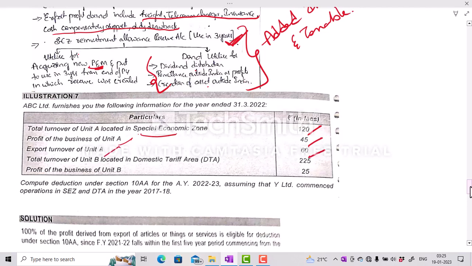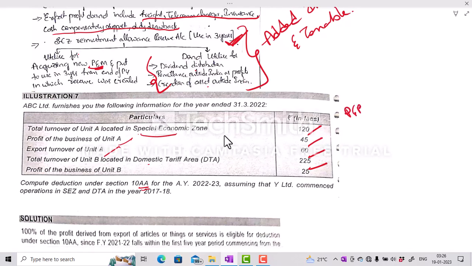Total turnover of unit B located in DTA is 225 and profit of business of unit B is 25. So how to calculate the deduction under section 10AA? What is the formula for that?